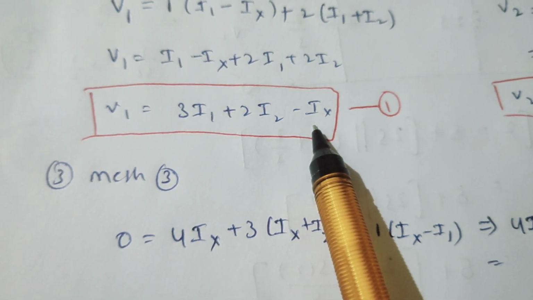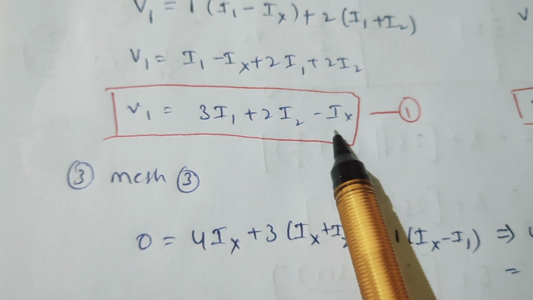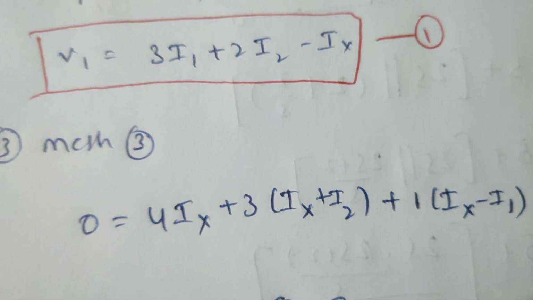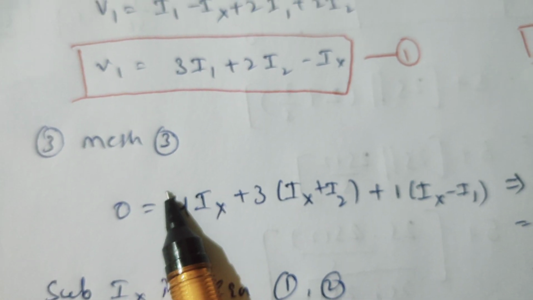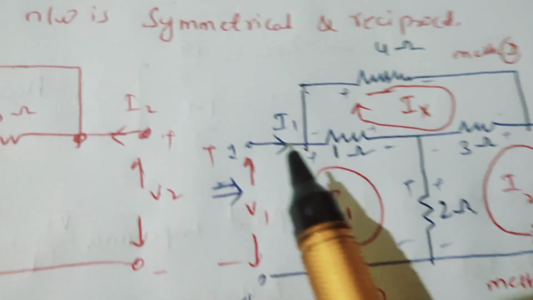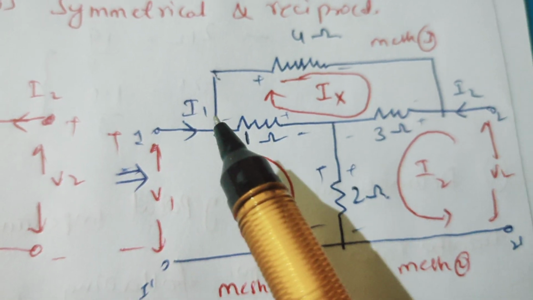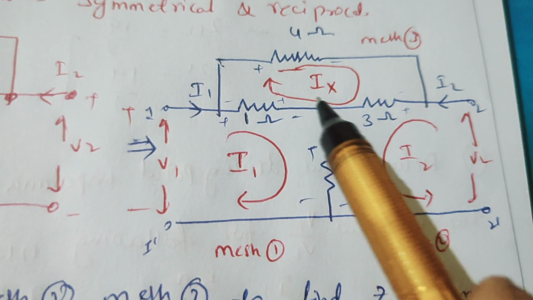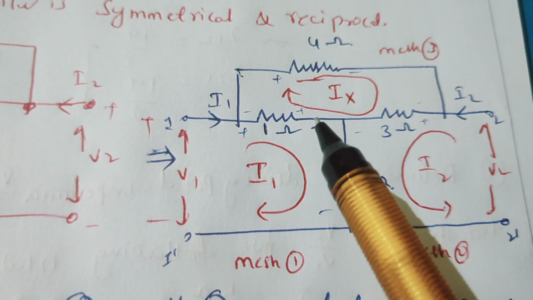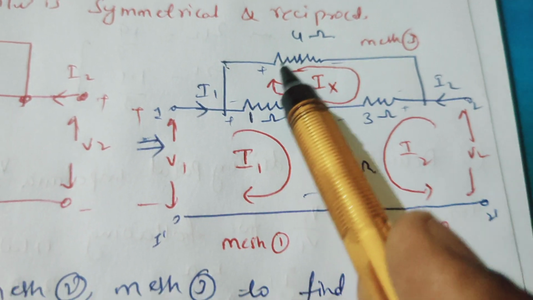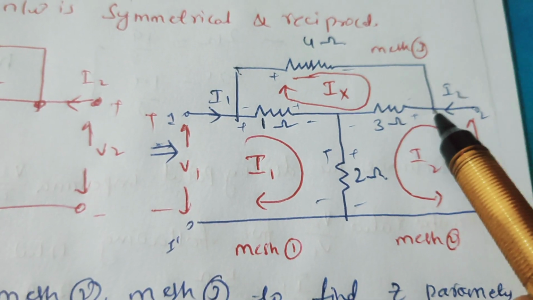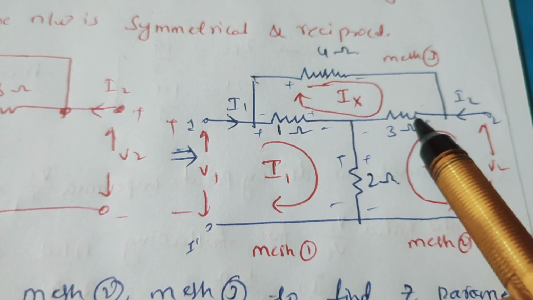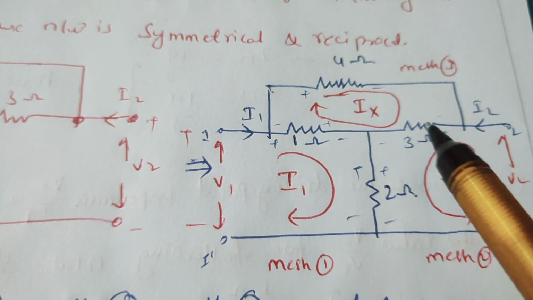Okay, we'll solve it by applying KVL to mesh 3. Apply KVL to mesh 3. This is mesh 3. Let us assume this current as Ix current. The total voltage across it is 0. So 0 is equal to 4 into Ix plus 3 into (Ix plus I2), since I2 is also an entering current and Ix is also an entering current.